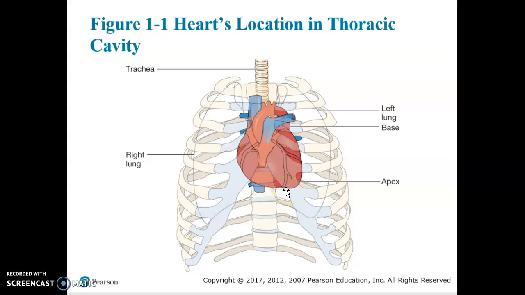The heart sits at an angle with the point at the bottom pointing to the left. In this view, I would be looking at the patient, talking to them face to face. So it looks like it's the bottom right of the heart, but actually it lies at an angle with the point pointing left.